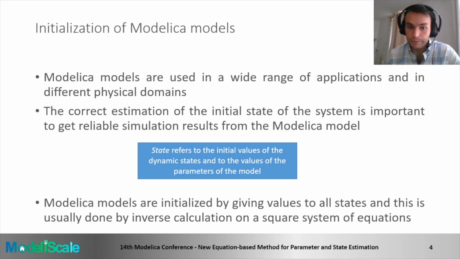the parameters. Usually this initialization in Modelica is done by inverse calculation, which means that we solve a square system in order to provide the values to these states. So we need to have as many known variables as states to estimate.